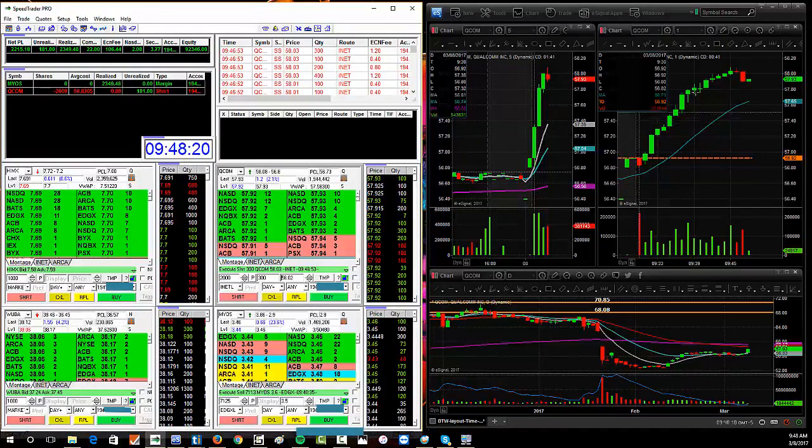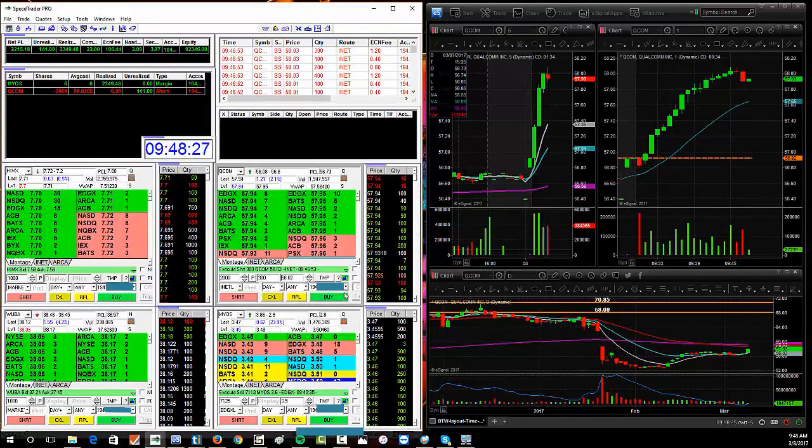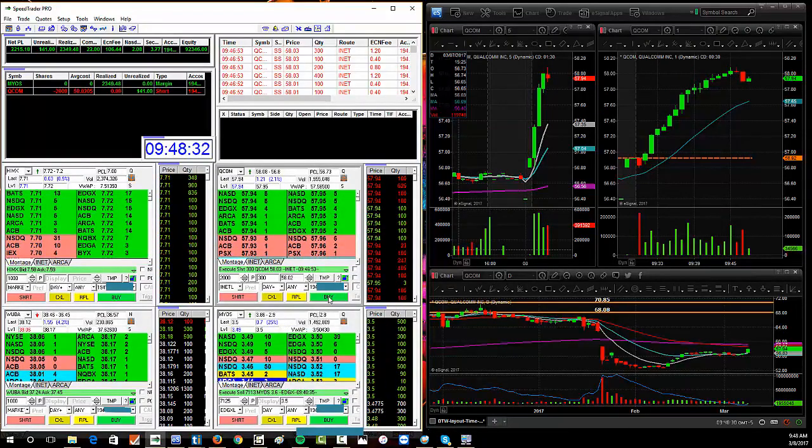So this was the first 1 minute candle to make a new low after at least 12 plus consecutive green candles. If it doesn't end up rolling over, obviously it's pretty strong, but it's a good opportunity for a quick trade.